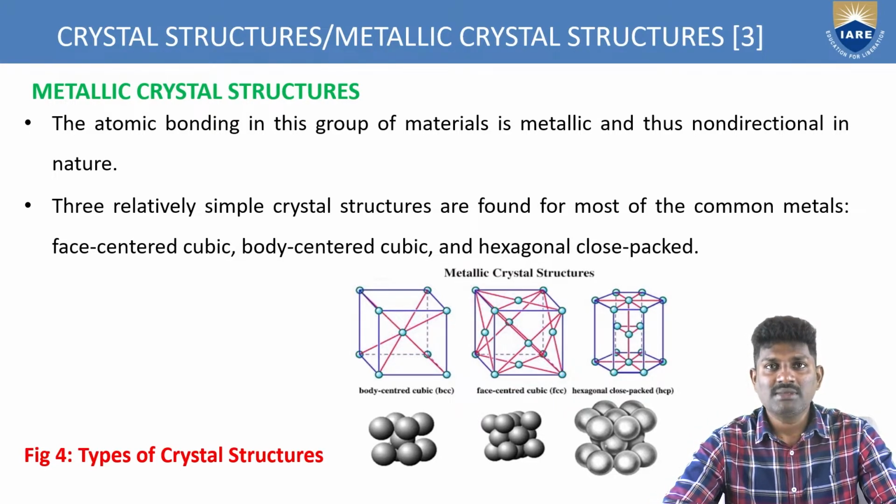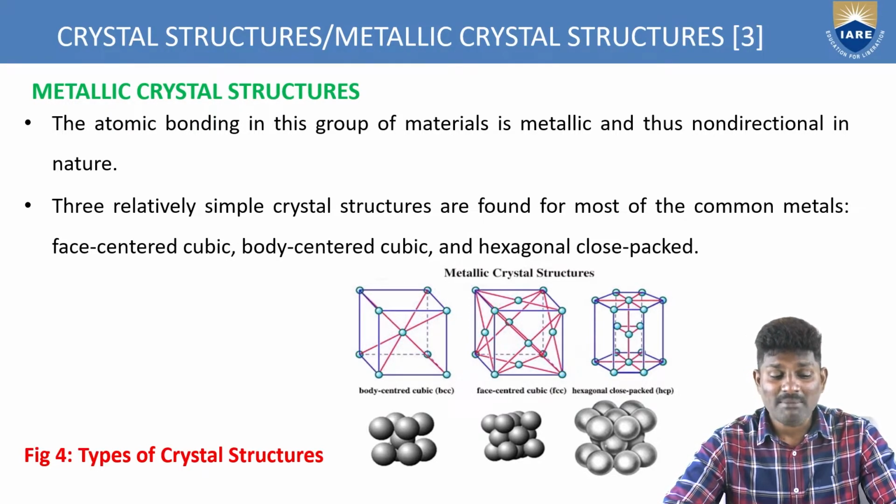And three relatively simple crystal structures are found for the most common metals, which are the face-centered cubic structure, the body-centered cubic structure, and the hexagonal close-packed structure. So most materials which have a metallic crystal structure will have one of these three common structures.